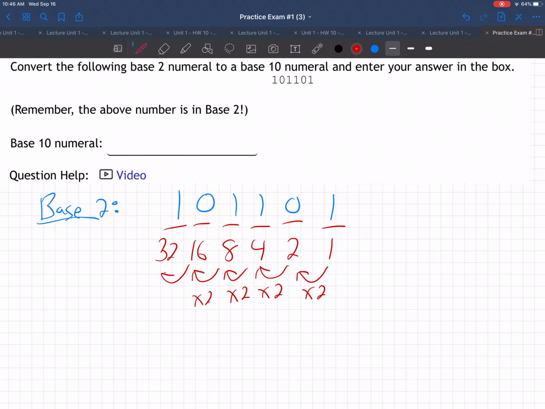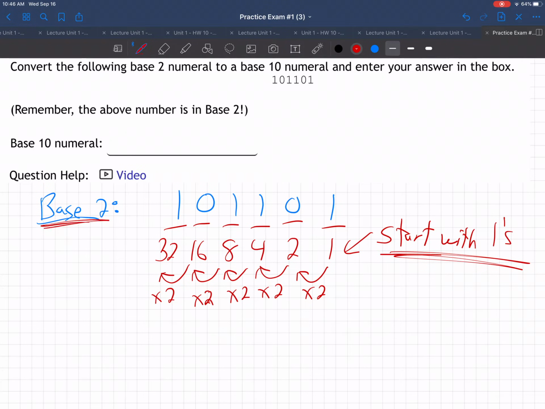You always start with the 1's place, and then if it's base 2, you multiply by 2 every time. So 2, 4, 8, 16, 32.